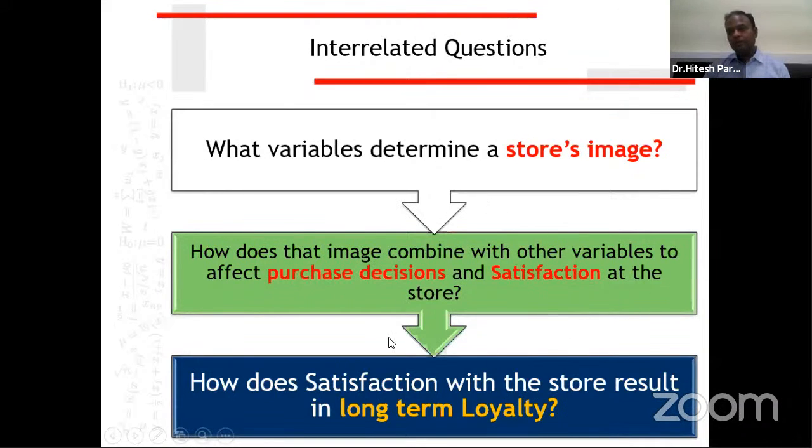Now, in the third research question: how does satisfaction with the store result in long-term loyalty? The satisfaction, which was a dependent variable, is now becoming independent and it is affecting long-term loyalty. So the dependent-independent relationship is changing from step 1 to step 2 to step 3.